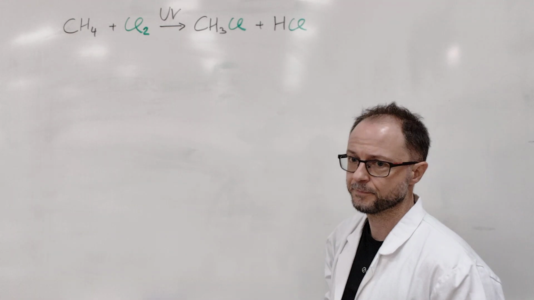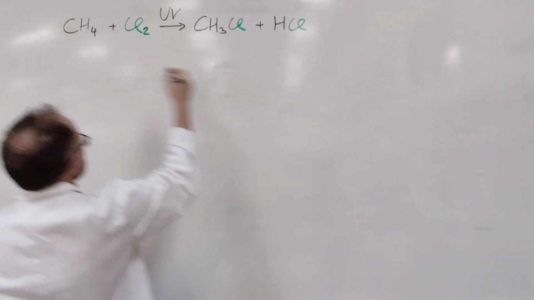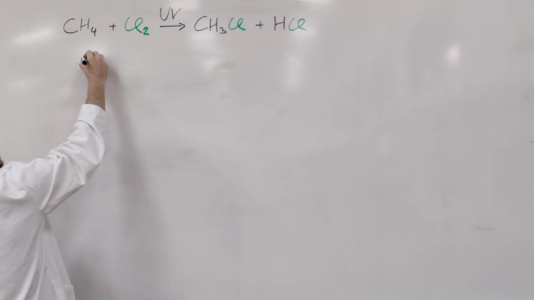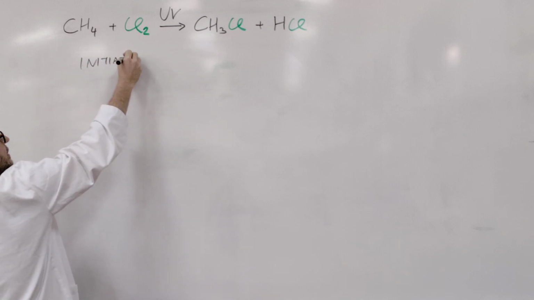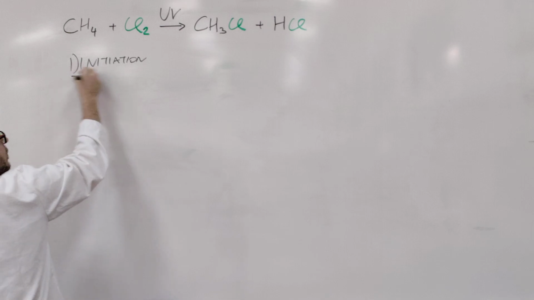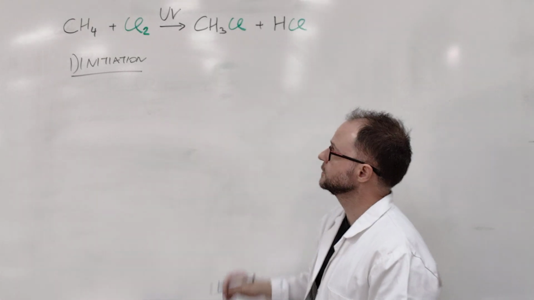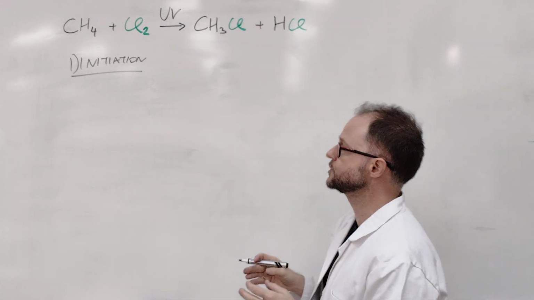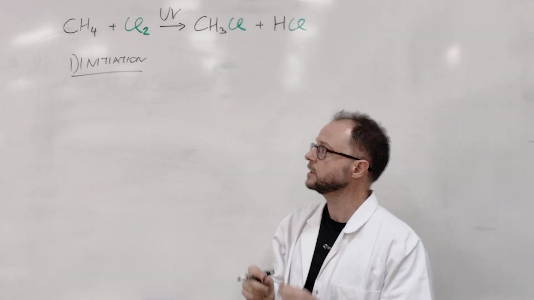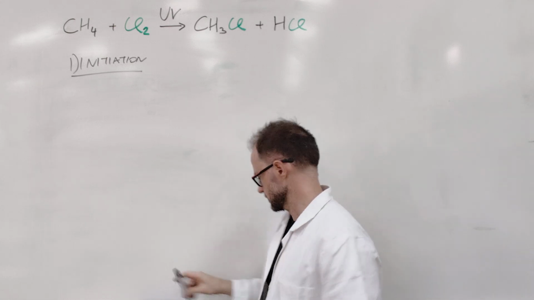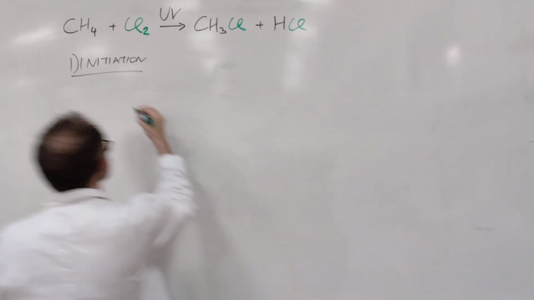So what's going on? Well, we have what is called first an initiation step. Okay, that's step one, initiation. Now in this step, the UV light is going to dissociate the chlorine-chlorine diatomic molecules bond. How does that work?